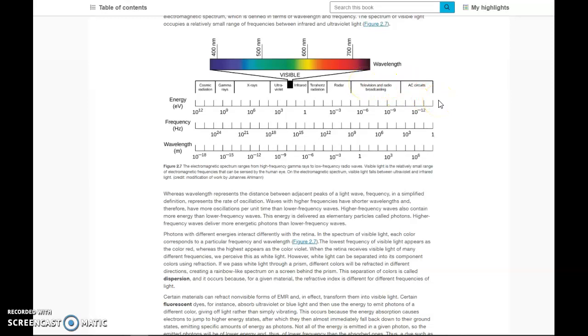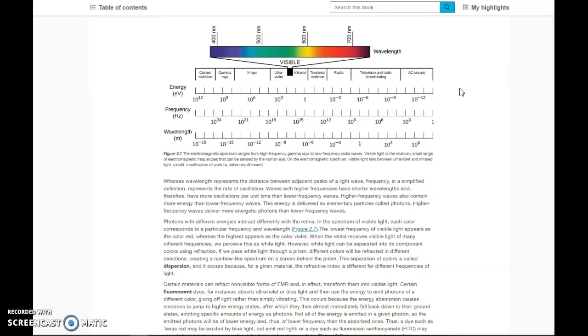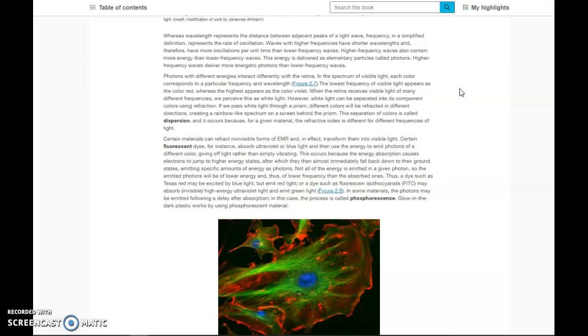But sometimes we have to use things that are a little bit different. There are different types of microscopes that we can use to essentially use some of these other forms of electromagnetic radiation, but all we have are these simple compound microscopes that are going to use visible light.